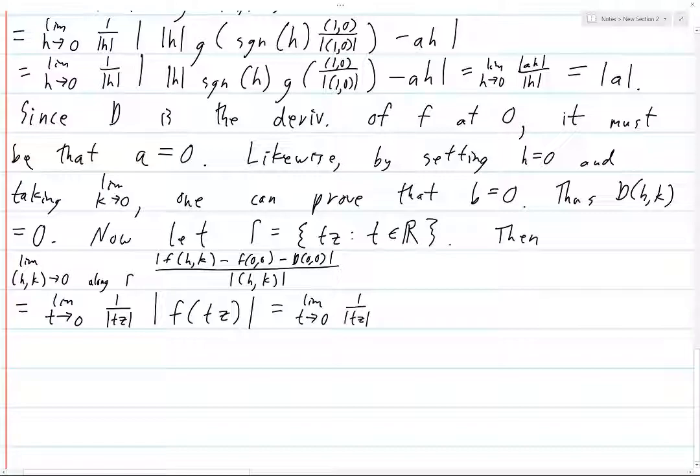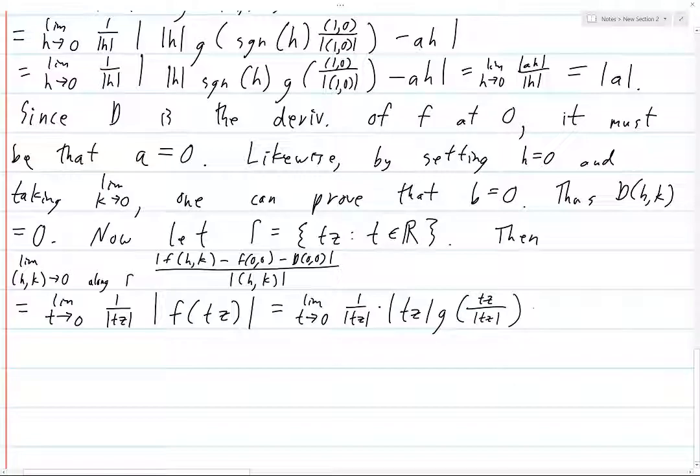Now f of tz is the same as the norm of tz times g of tz over the norm of tz. So we bring out the norm of tz here, and we multiply by g of tz over the norm of tz. Okay, so those two things cancel.